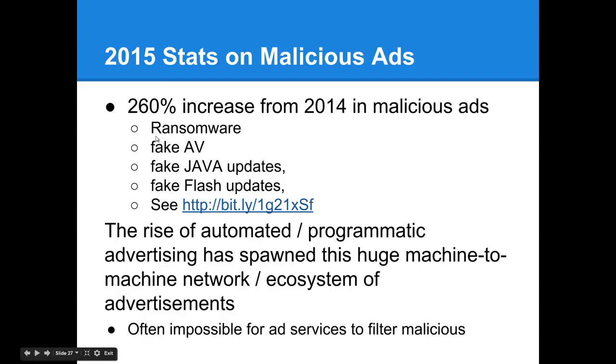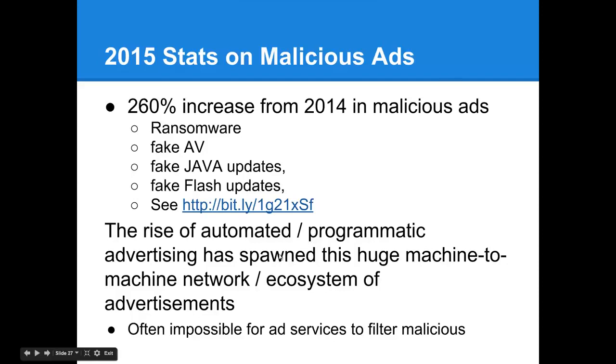And these are used to deliver ransomware like CryptoLocker, fake antivirus malware, fake Java updates, fake any form of updates. And you can read more about it on this link by Risk IQ.